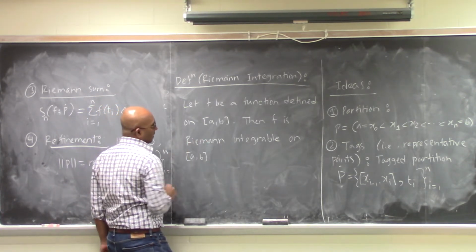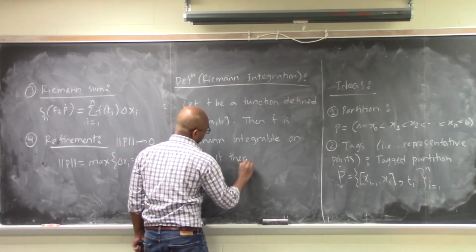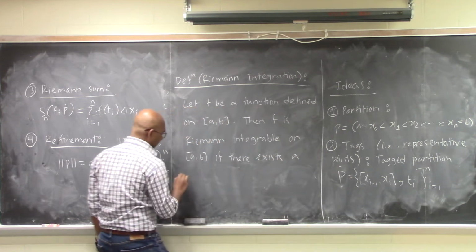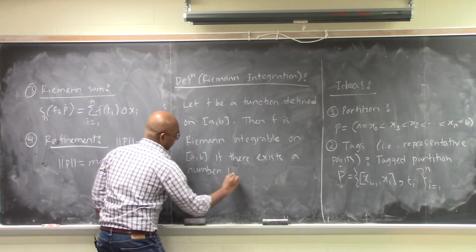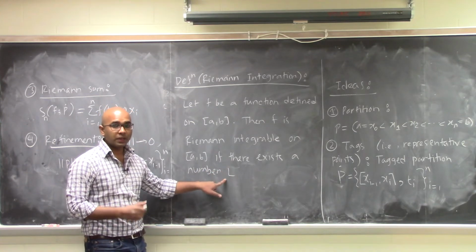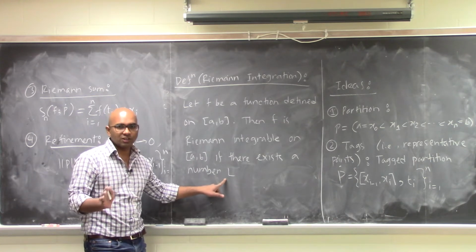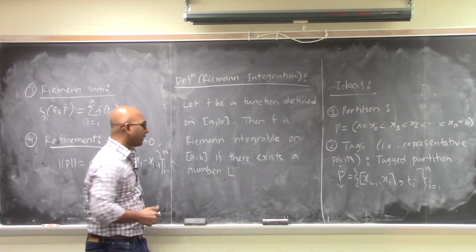Okay, so then f is Riemann integrable on [a, b] if there exists a number L. This number L is going to be the integration. But the problem is it does not exist all the time, so we need to say very precisely when it exists.